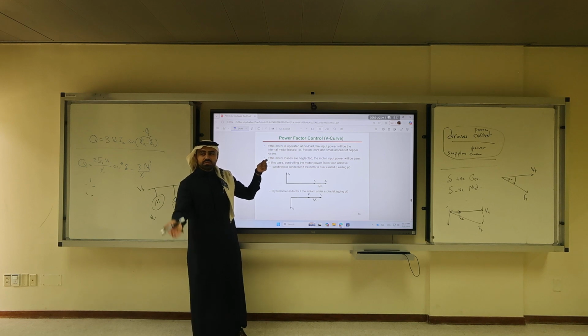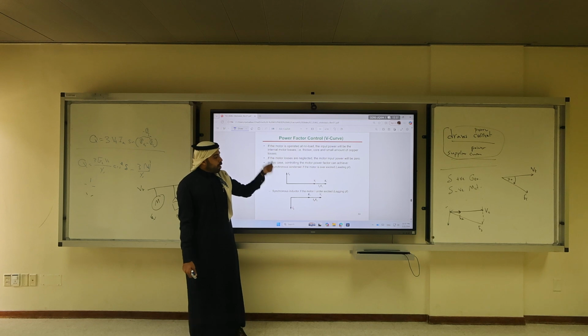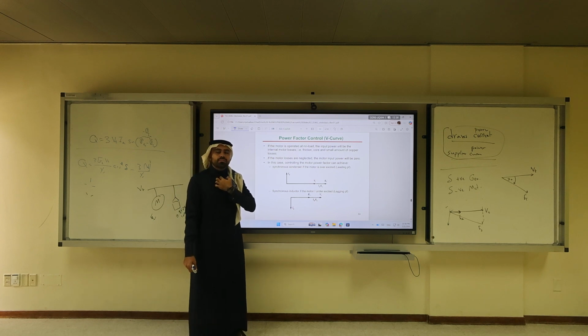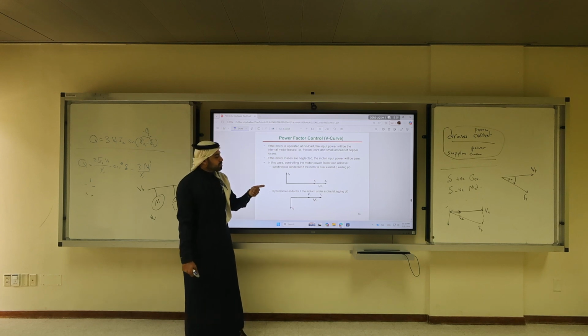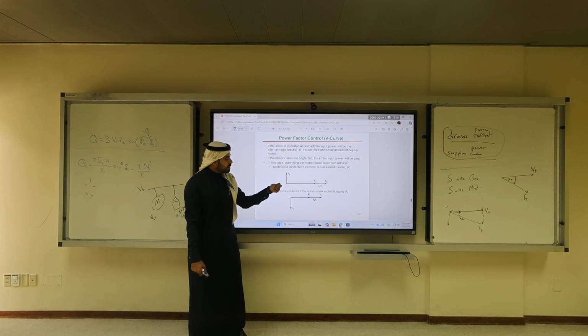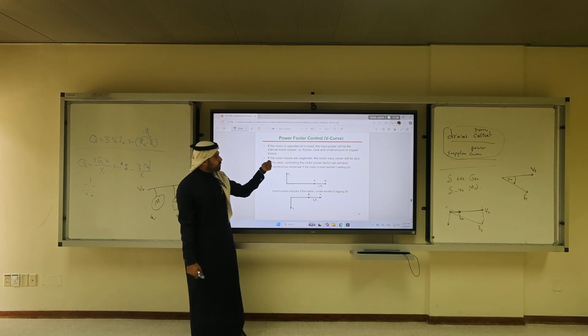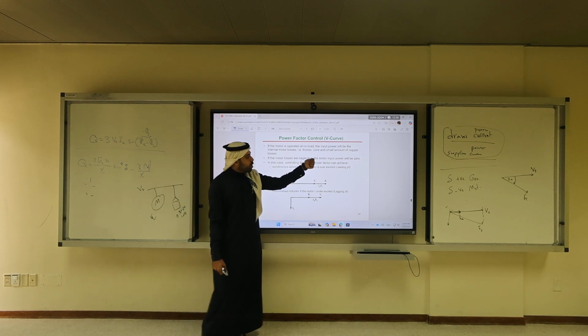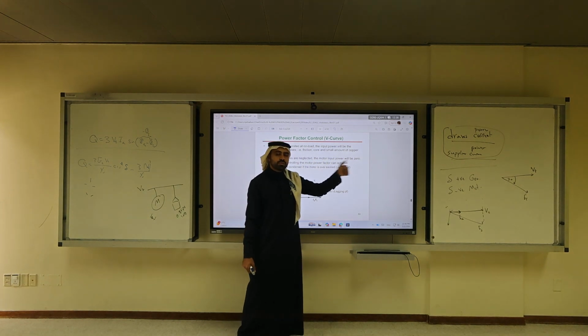That's nothing, maybe 2-3%. All of my other power would go into fixing the power factor. So if the motor losses are neglected, all of my input power would be almost negligible.